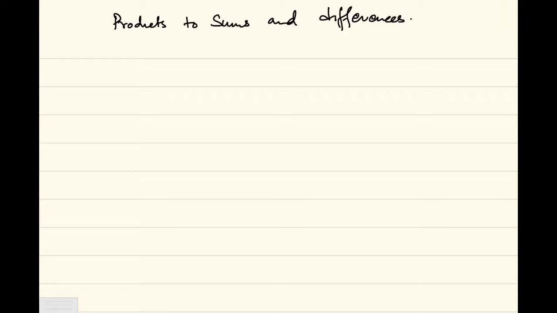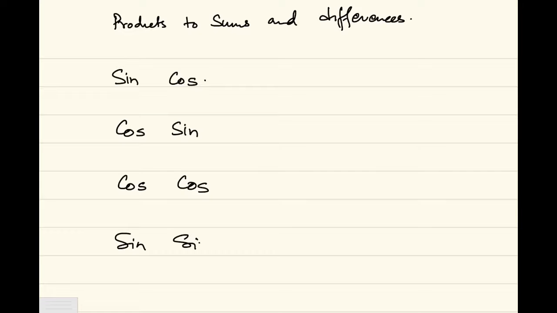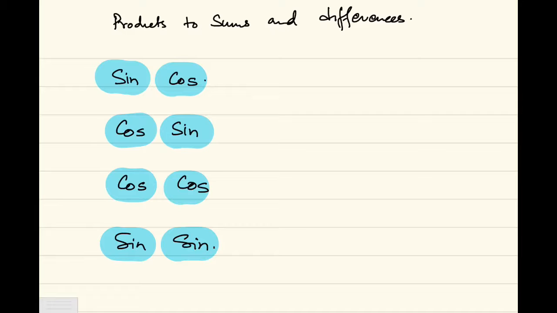Okay, so what I do is I start by writing sine cos sine, cos sine. Okay, I will repeat again: sine cos sine, cos sine. I'll just write this much.